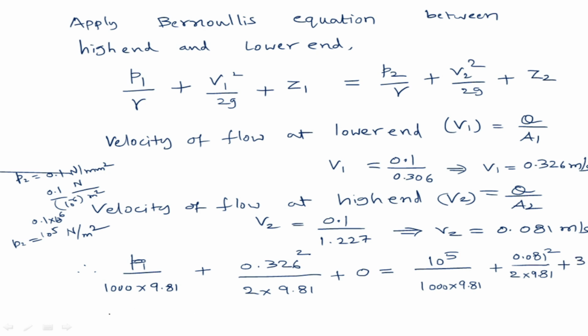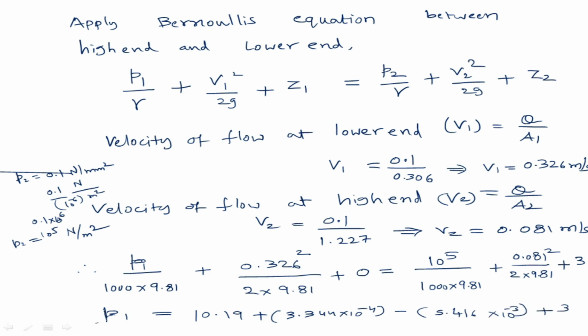Simplifying, we get the pressure at the low end. P1 is equal to 10.19 plus 3.344 into 10 power minus 4 minus 5.416 into 10 power minus 3 plus 3.